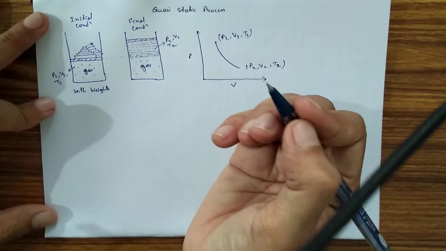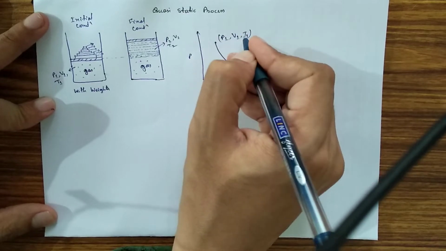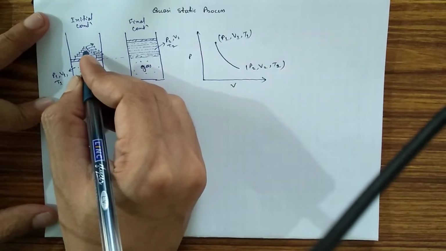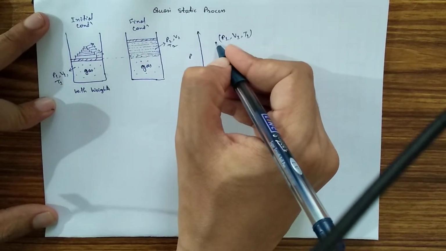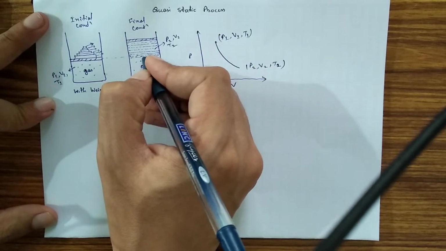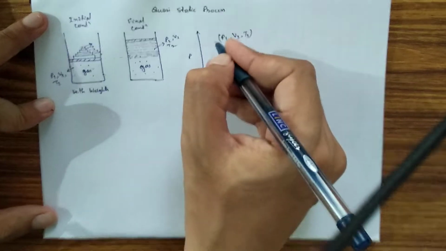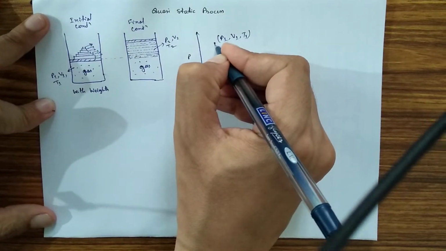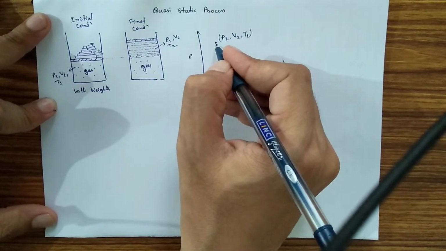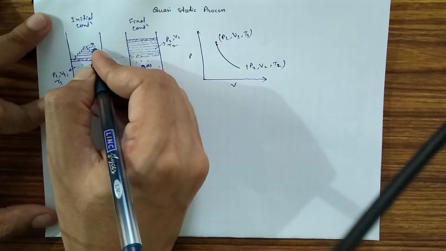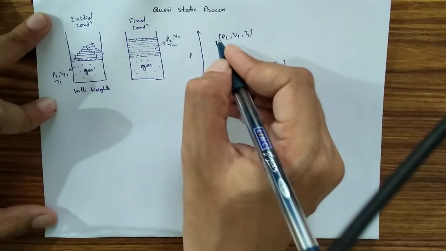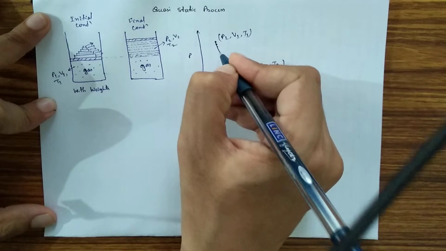So initially we have pressure, volume, and temperature. After removing the first weight, the piston moves up and the system goes to this point on the curve, and after achieving equilibrium we remove the next weight. Again the system goes to thermodynamic equilibrium.